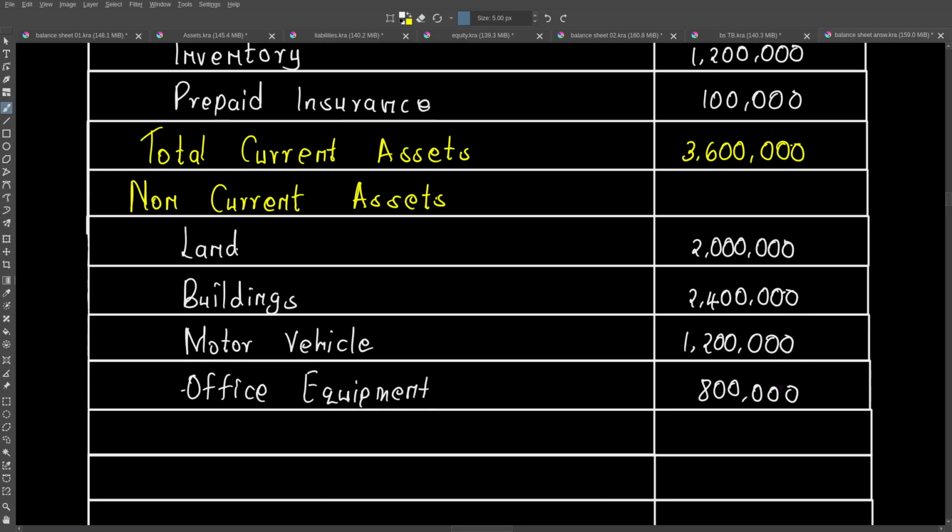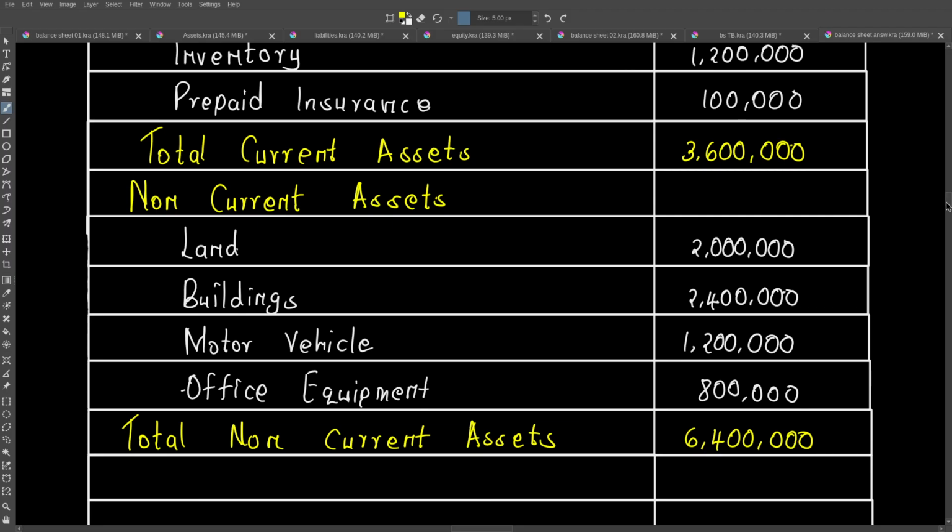So here they are. What is our total non-current assets? Our total non-current assets is basically a summation of this, which is 6,400,000.